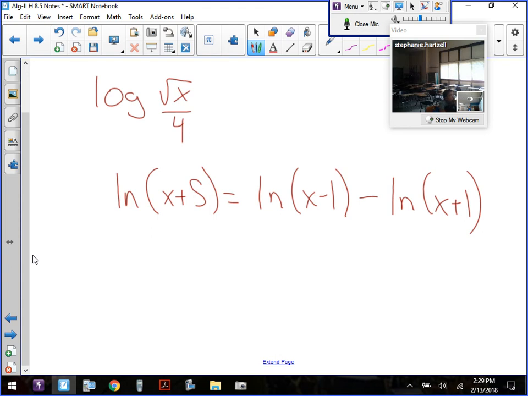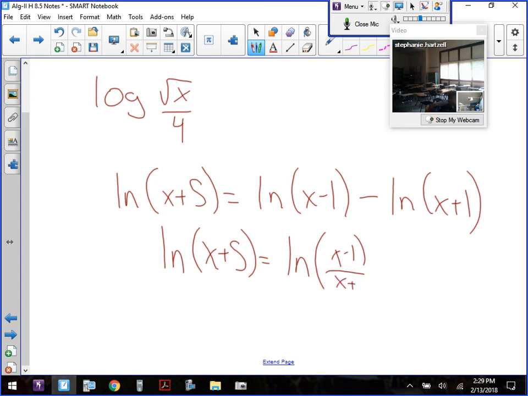Now, looking at just this monstrosity of a problem here, what do you think you could do to the right side? You said it. Divide it. So I would condense the one side, and I would get natural log of x plus 5 equals natural log of x minus 1 over x plus 1.